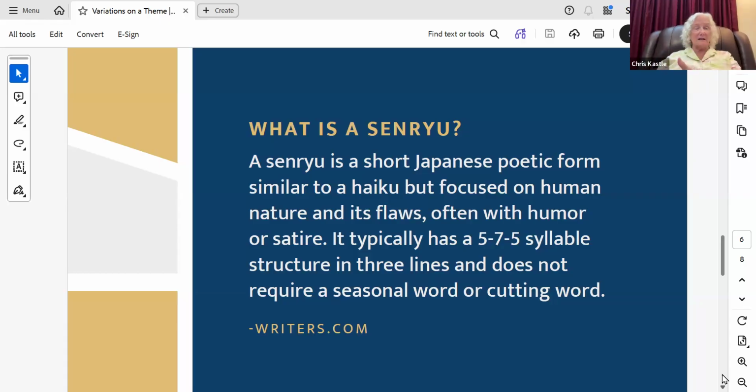Now, it can be about a mermaid if you want, but what I'm thinking of is that if you have written a story, or if you have written another poem form about some particular thing, then try to put that into a senryu form.